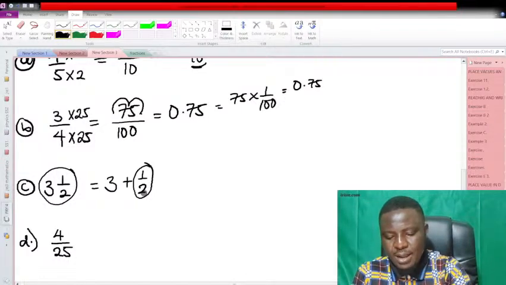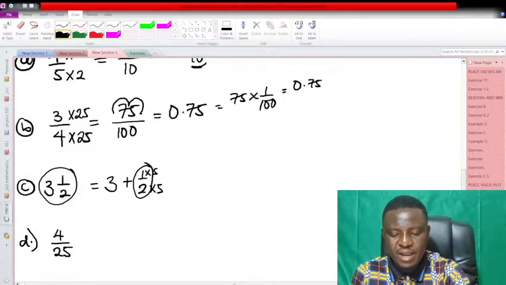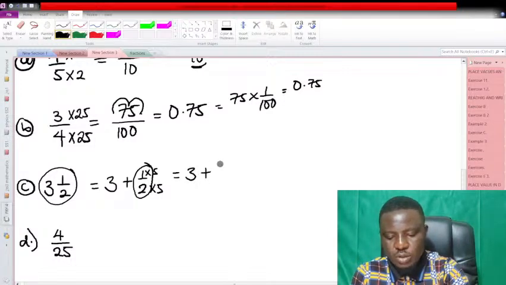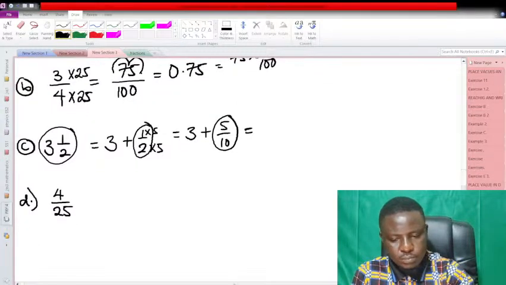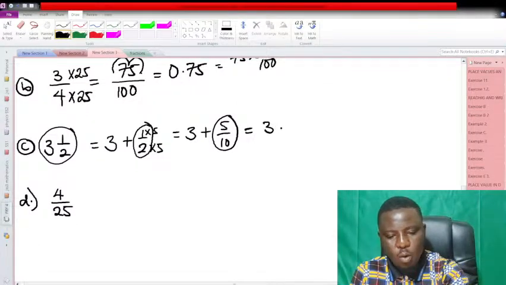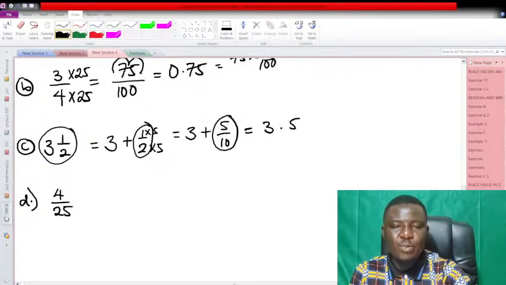What will I multiply 2 by to give me 10? That will be 5. So I'll multiply this by 5 and multiply also the numerator by 5. So that this gives me 3 plus 5 over 10. We know that this is the fractional part, while this is the whole number part. This now gives us 3 point, with the 10th place value, and this is 3.5.